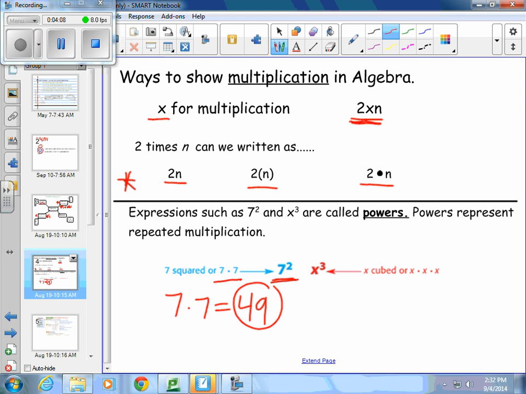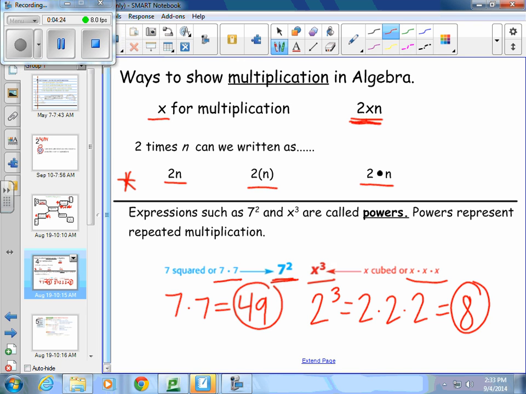X cubed just means x times x times x. So if we have 2 cubed, it would be 2 times 2 times 2, which is 8. Exponents are also called powers. So it's 7 to the power of 2, x to the power of 3.